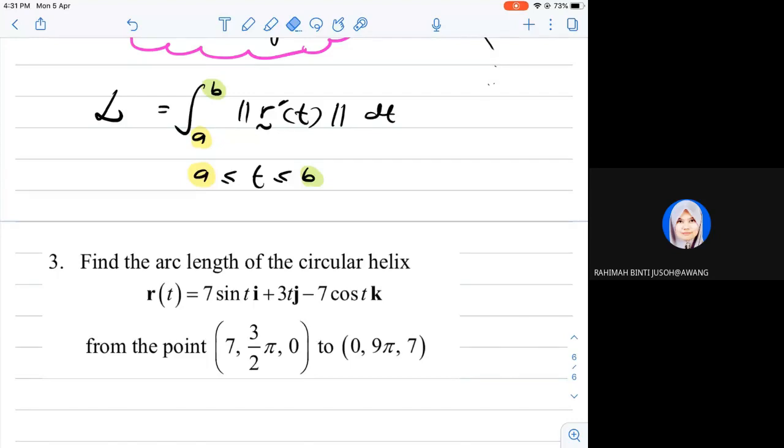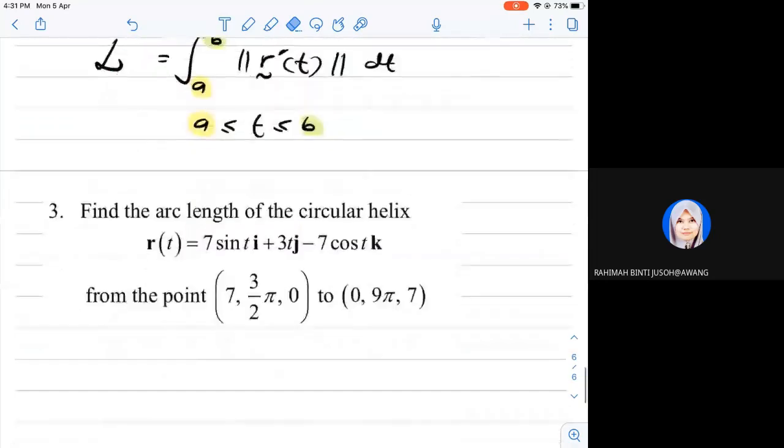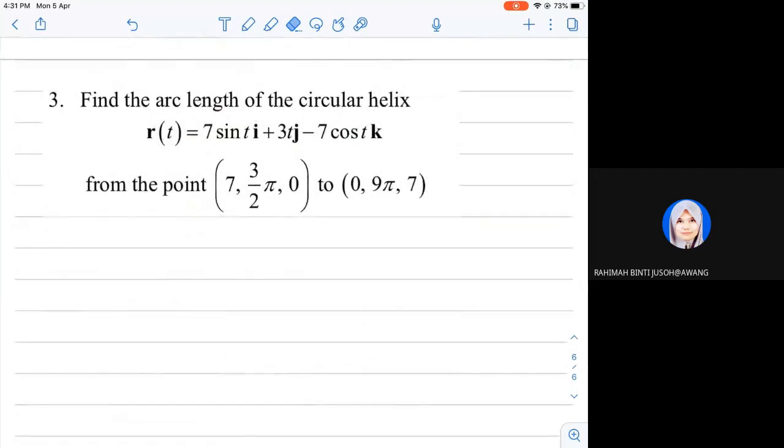Okay, so now read this question carefully. Find the arc length of the circular helix. Okay, what is the missing information here? Apa maklumat yang tak ada dalam ni? Interval. Yes, we don't have the interval, isn't it? Okay, very good. We don't have the interval. We don't know what is t from a to b.